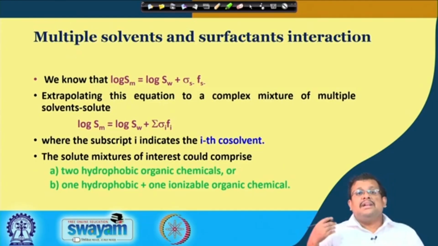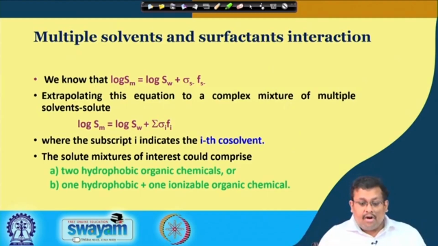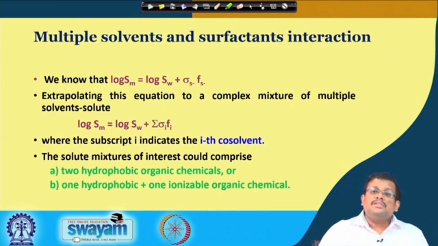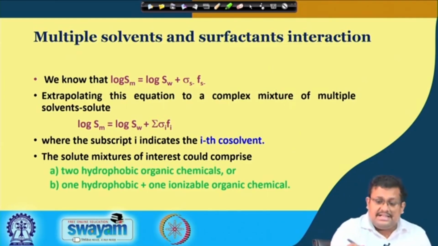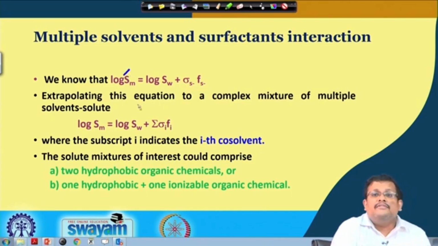Now, let us see the multiple solvents and surfactant interaction. Again, we know from the previous relationship that the logarithm of Sm equals log of Sw plus sigma s into Fs.